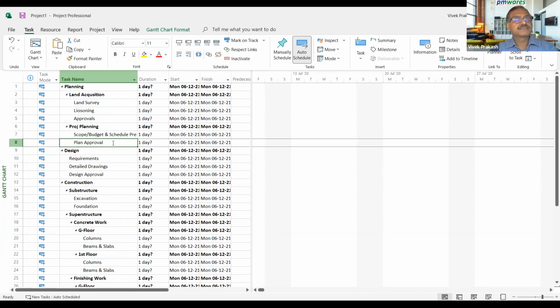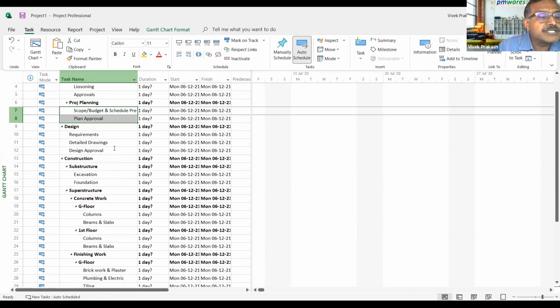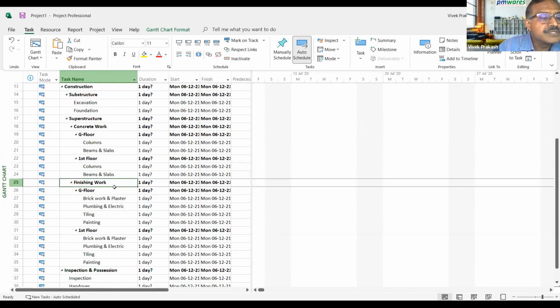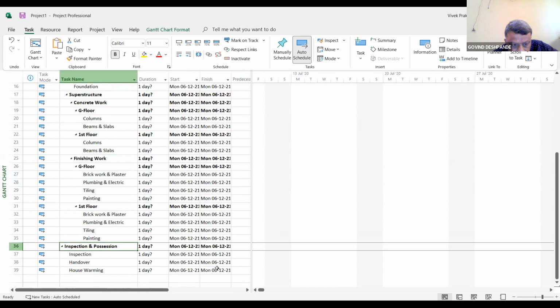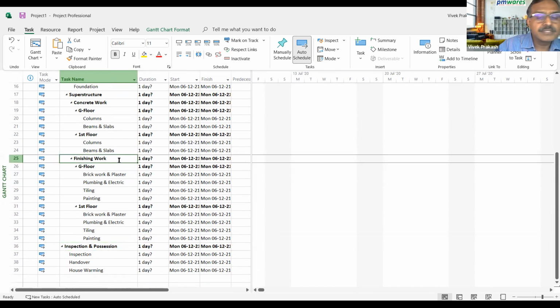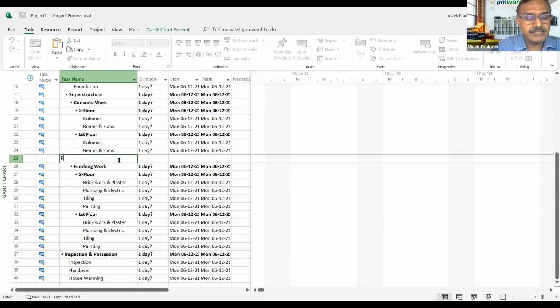Okay. So I have put some kind of milestone. Let's put some milestone here also, like this is the concrete work done. Let's take some milestone like RCC completed.